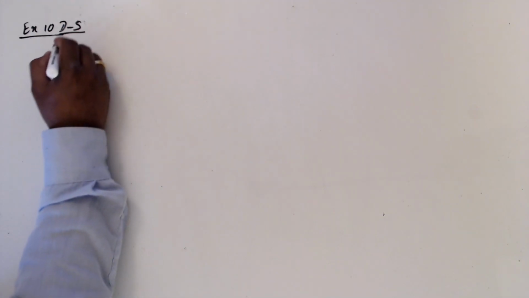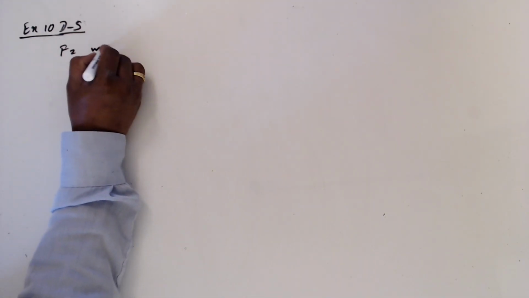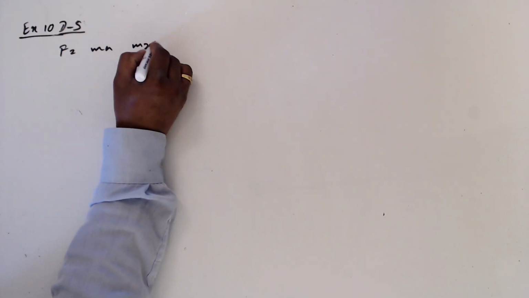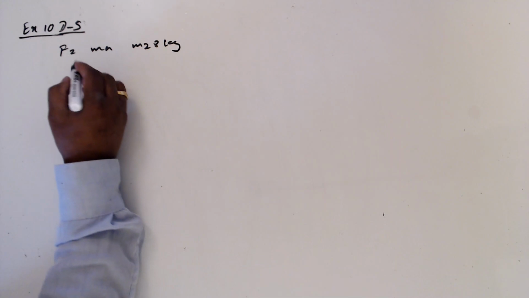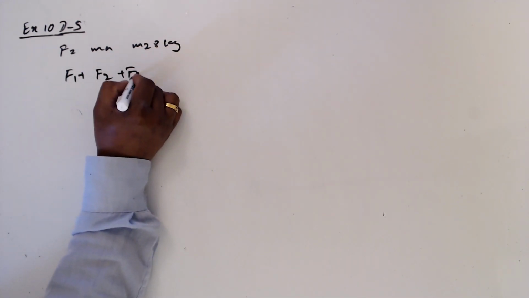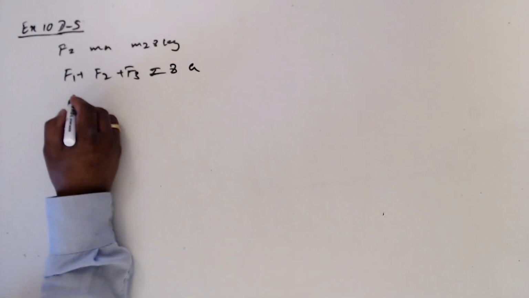Question number 5. F equals ma. So m is given as 8 kg. So F1 plus F2 plus F3 equals 8 times a. We can find the acceleration.